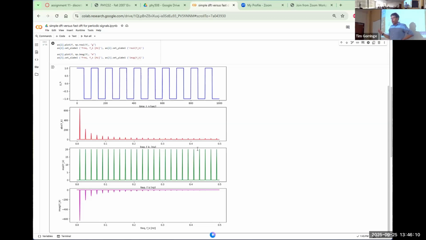We said a square wave was built out of a sum of sine waves of odd harmonics. Here's the first one. Here's the next one, so this would be like the n equals 1, n equals 3, n equals 5 that I plotted on the very first slide of today's class, and 7 and 9 and so on.